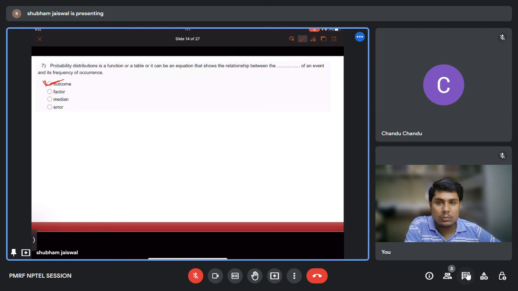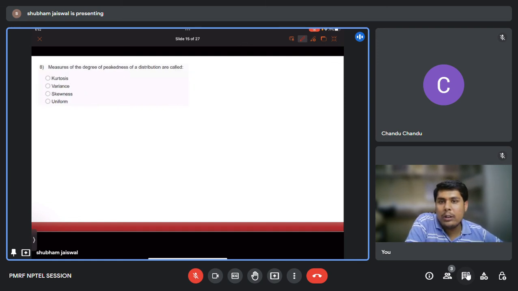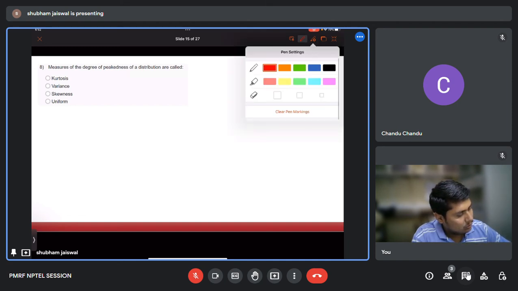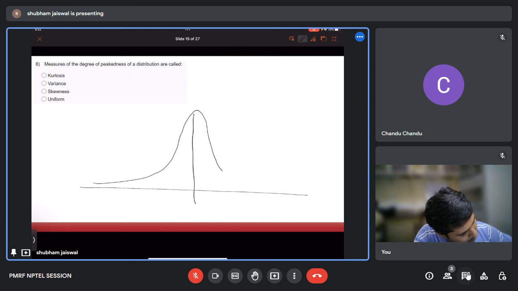Now, moving towards the next question. Measures of the degree of thickness of a distribution are called what?